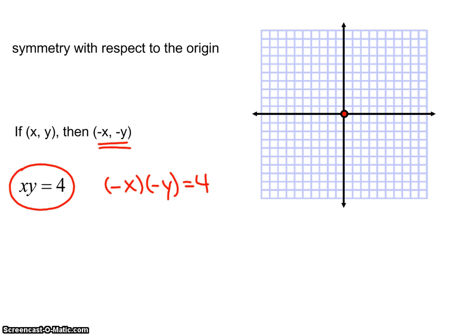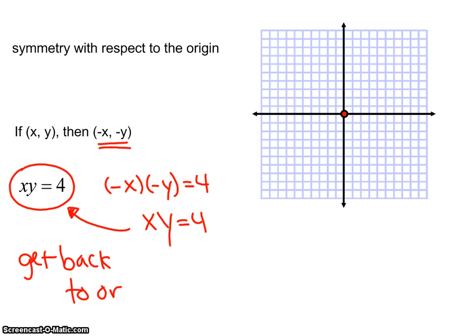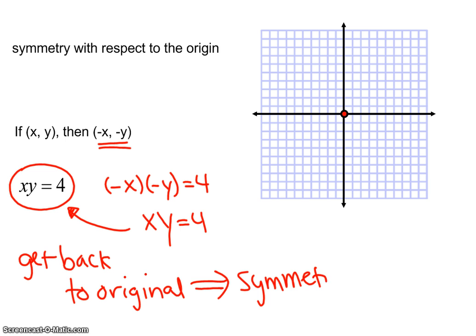If I simplify this, negative times negative becomes a positive, so xy = 4. If I can get back to my original equation, then that symmetry holds. So this function would be symmetric with respect to the origin.